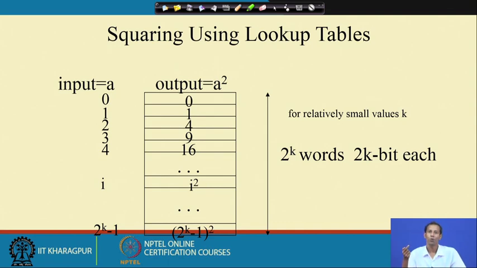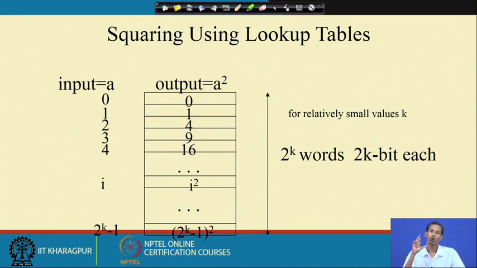The number can be 0, 1, 2, 3, 4, 5, 6, 7, any decimal number, and squaring means it will be just 4 multiplied with 4 only. So what can we do?